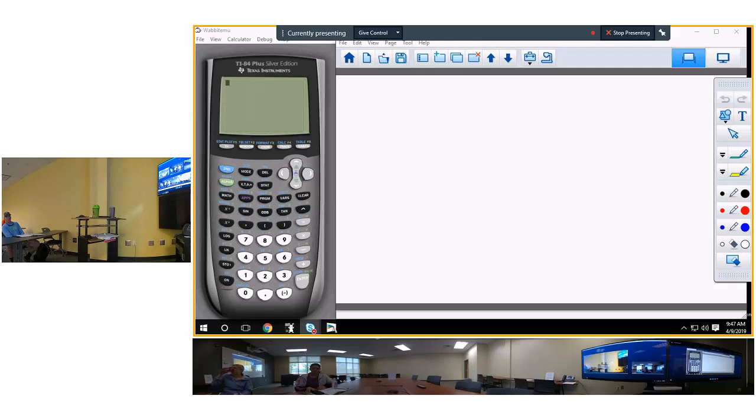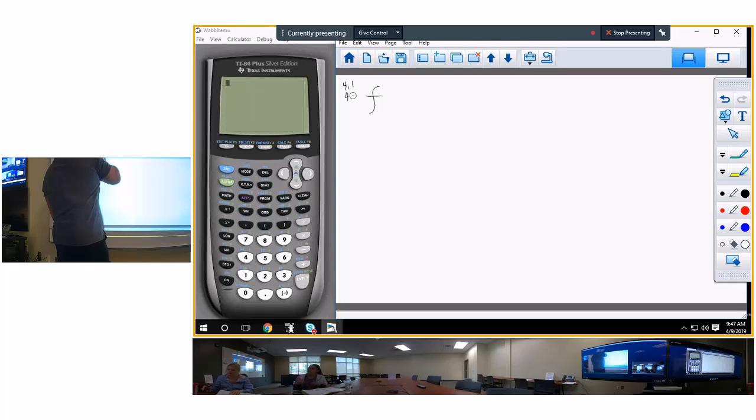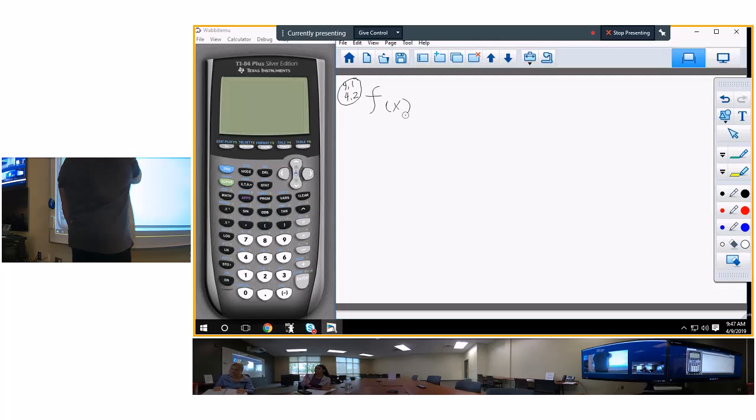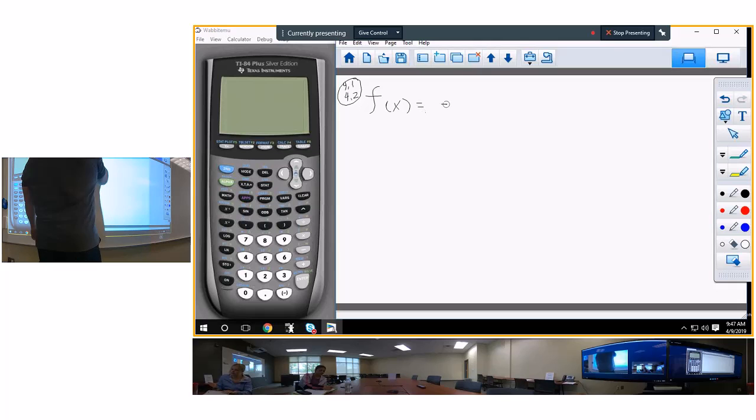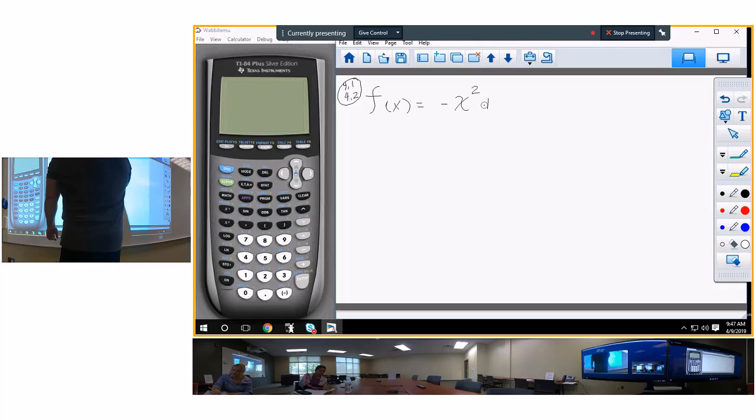I want you to graph f of x, and this is 4.1 and 4.2. It's kind of all together. So f of x is equal to negative x squared plus 2.